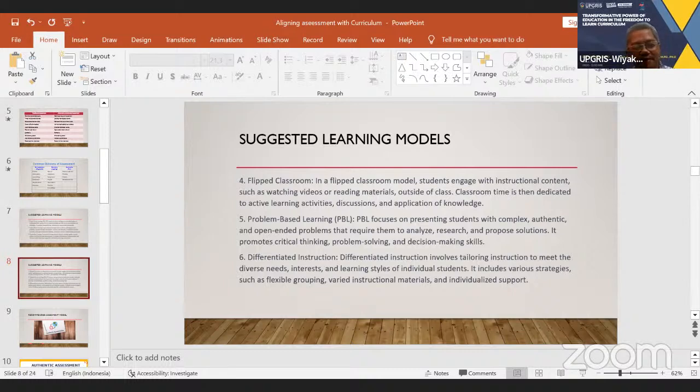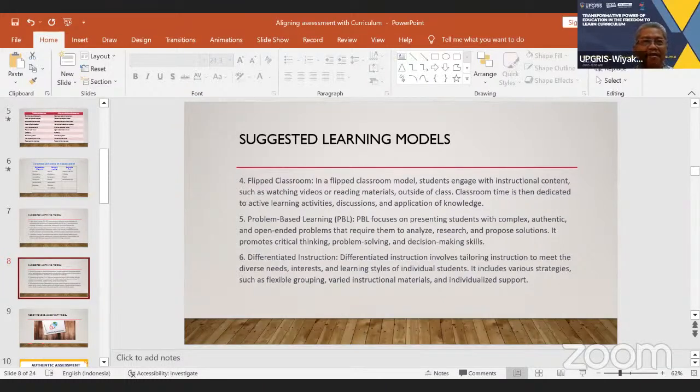So it means that we do not teach students in a uniform style. They come from different families, different backgrounds, different experiences, different intelligence probably, different hobbies, habits, and so on and so on. So they are different. They are not the same.